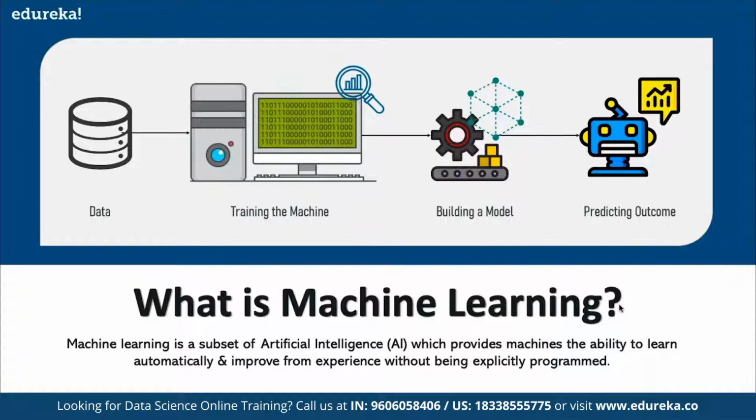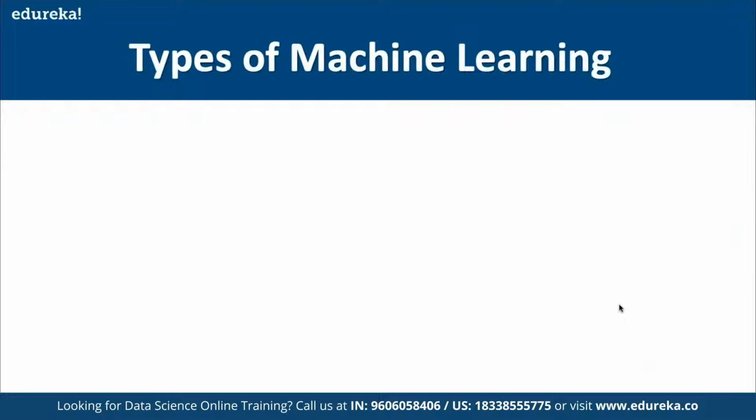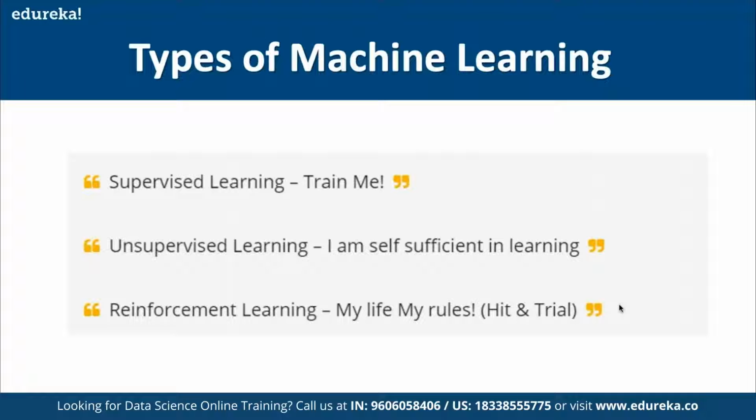All right, so basically we have three main types of machine learning: supervised, unsupervised, and reinforcement learning. Supervised, in simple terms, is "train me." It works on simple training. We have to train the model, and only then can it work. Unsupervised learning is "I'm self-sufficient in learning." We simply allow the model to have access to the data, and based on its own understanding, it is going to work accordingly.